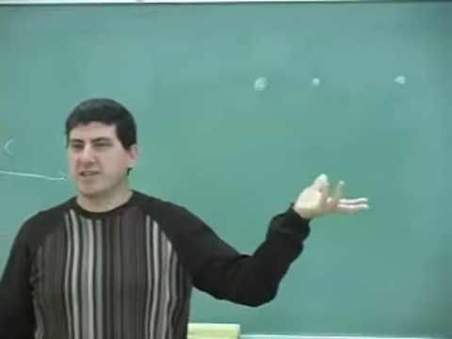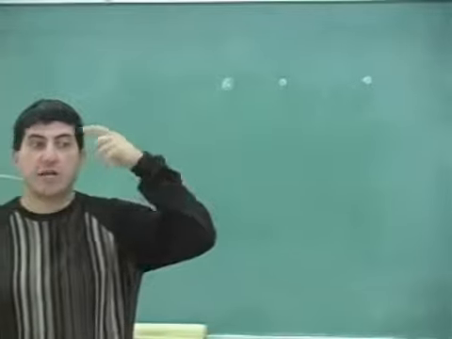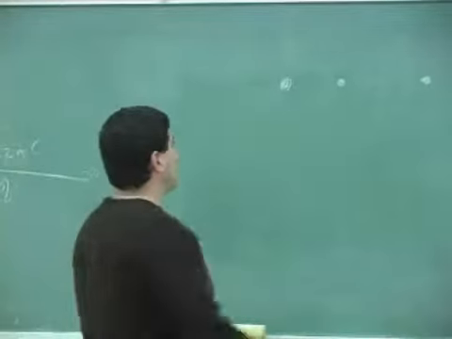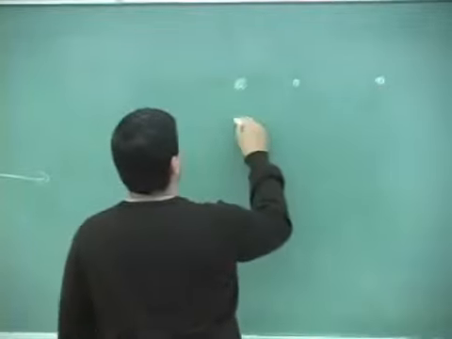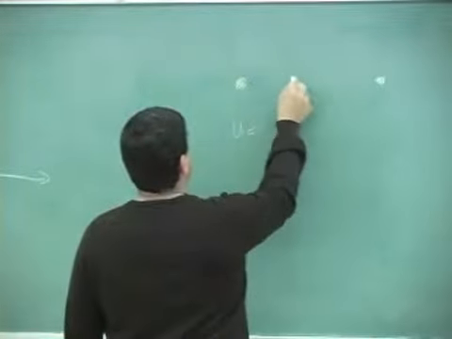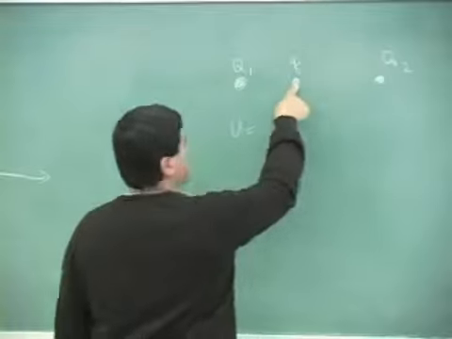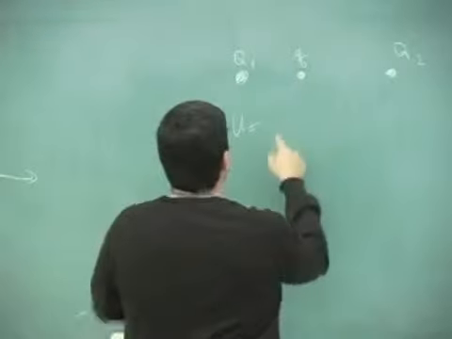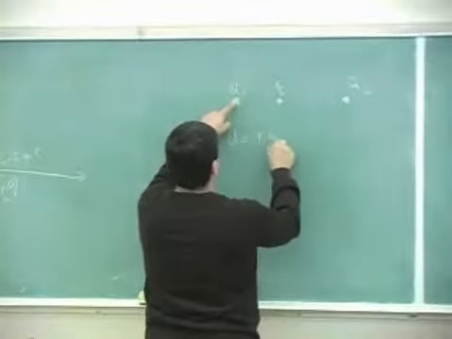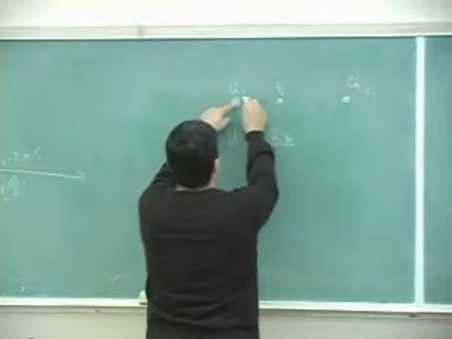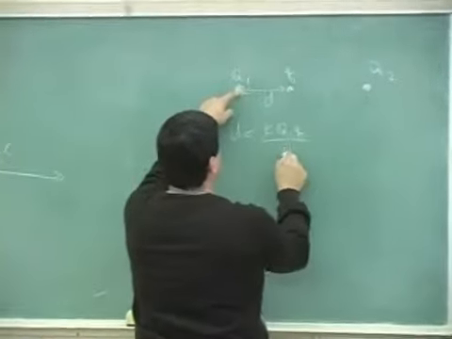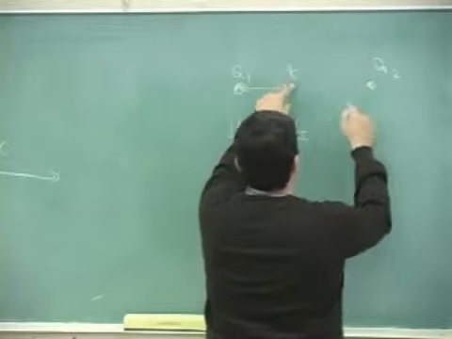We're going to get the same answer, but it's a different way of looking at the problem. What's the potential energy of this three-charge system? Well, these two have a potential energy. And then this is your third charge, right? So these two have potential energy, K, Q1, Q over this distance, D1. And then these two have potential energy.